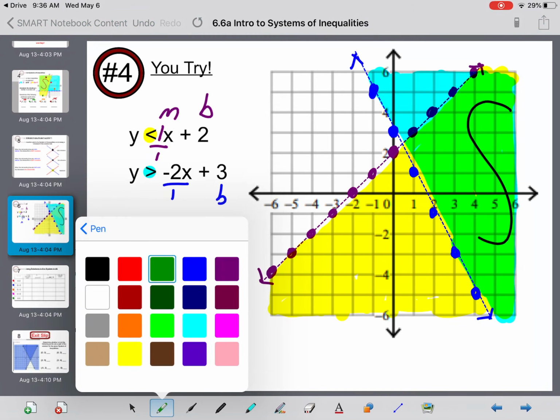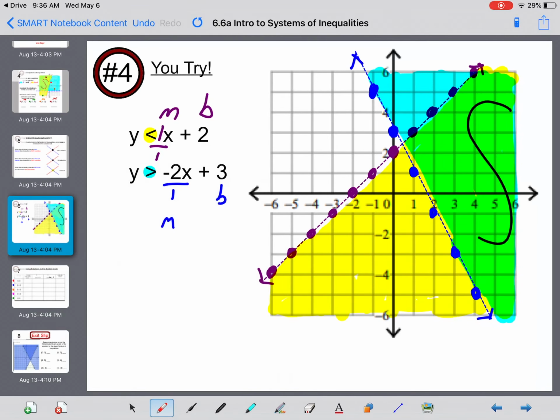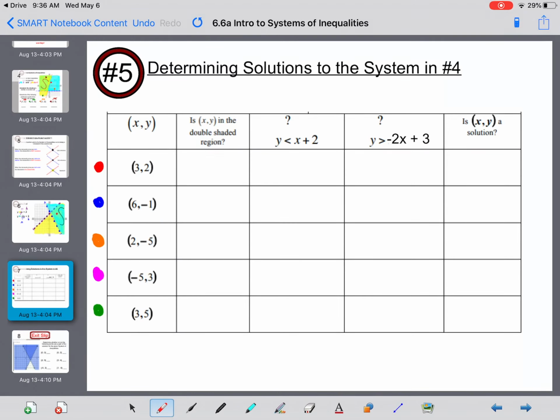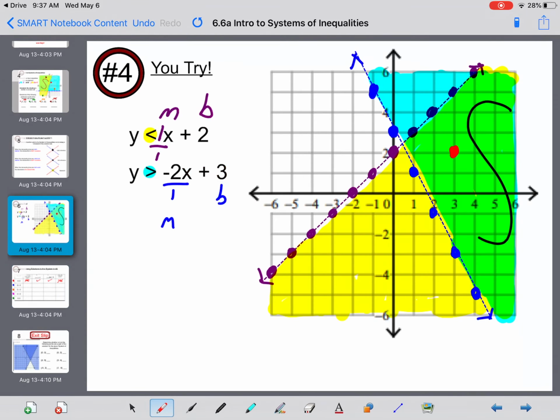So (3, 2) in red. This right here falls in the green shaded region, so yes, it is a solution. Check these boxes because it applies to both, and put yes at the end.